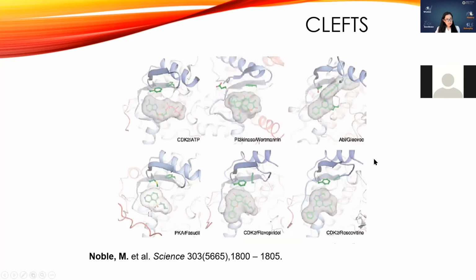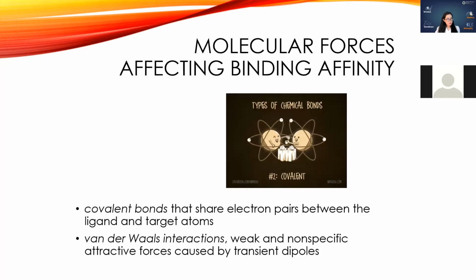So inside the cleft, the interactions that we should consider very clearly are these molecular interactions. There are molecular forces that affect the binding affinity, such as the covalent bond that shares electron pairs between ligand and target atoms.